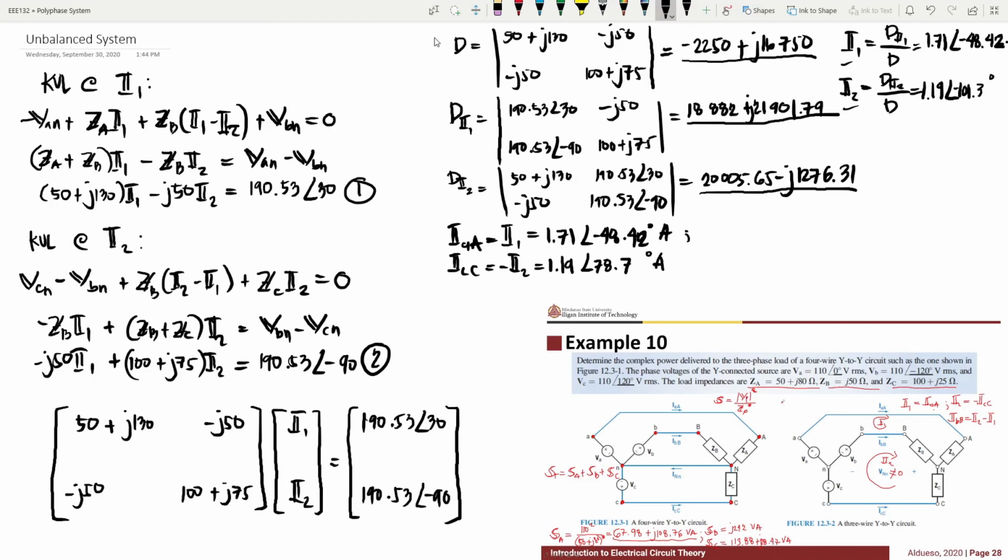Then we have IBB equivalent to I2 minus I1, 1.37 angle of 175.31 degrees. So now we have the values for the line currents.